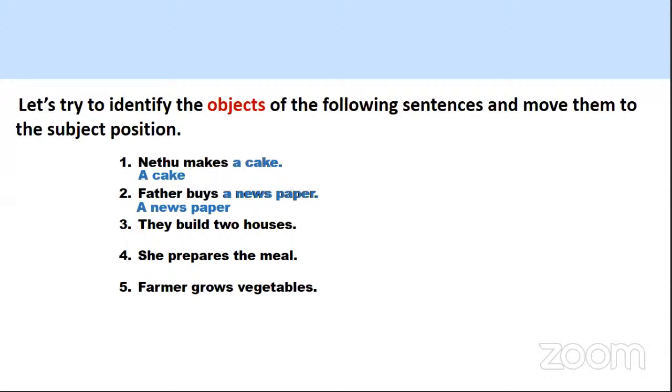Then move on to the third one. They built 2 houses. What is the object? 2 houses. If you take it to the subject position, it should be like this.